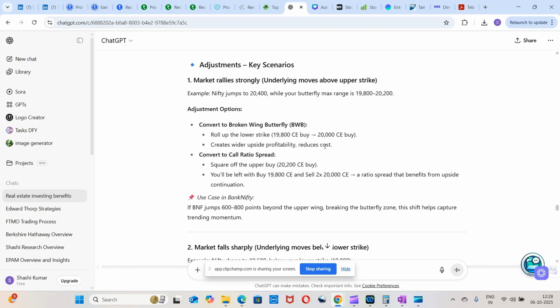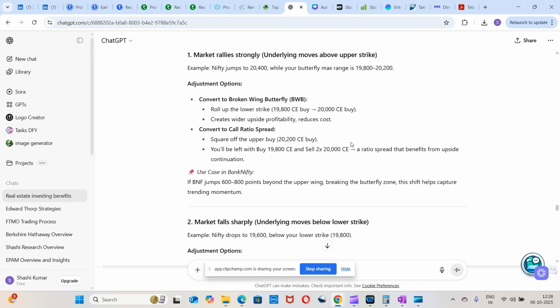So you're becoming bullish, basically, from a range-bound view. That's the example. Again, if Bank Nifty jumps 600 or 800 points beyond the upper wing, breaking the butterfly zone, you change it to a broken wing butterfly or call ratio spread to capture the momentum.